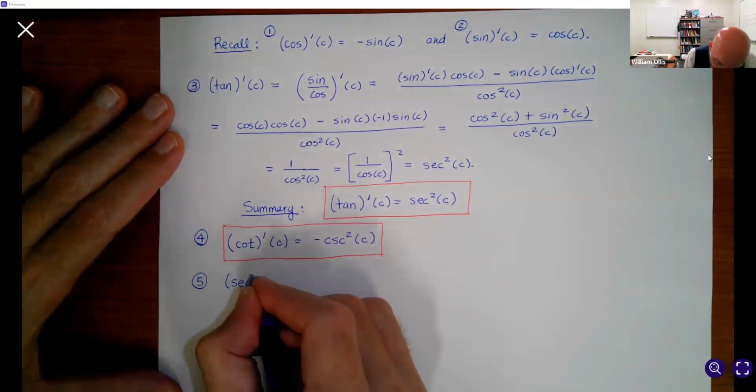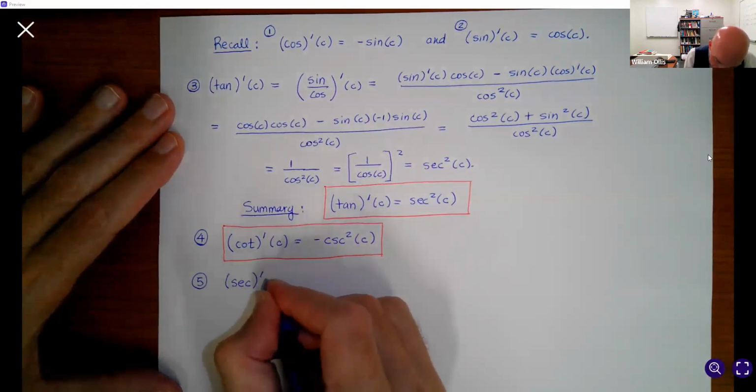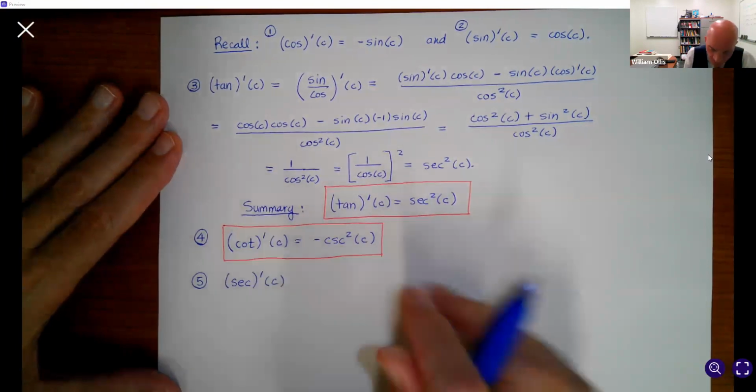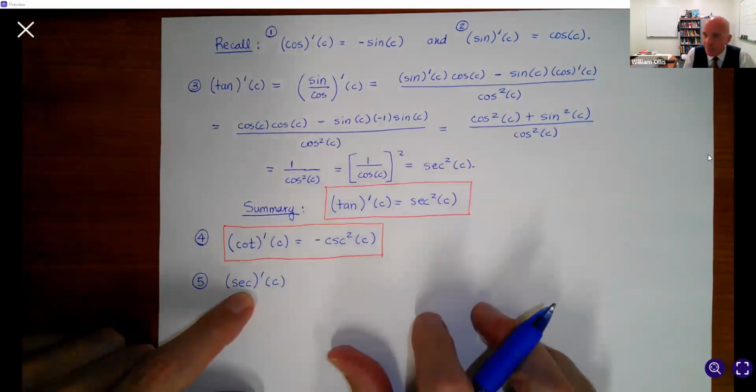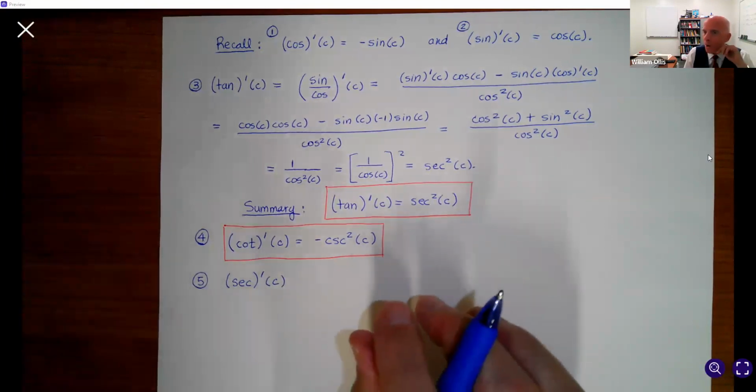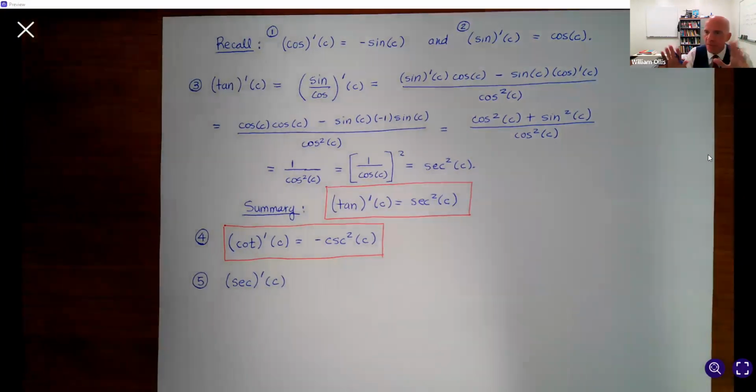Again, when we write this, we are tacitly assuming that the function has definition at C. Okay, we don't start the process by throwing that to the wind.